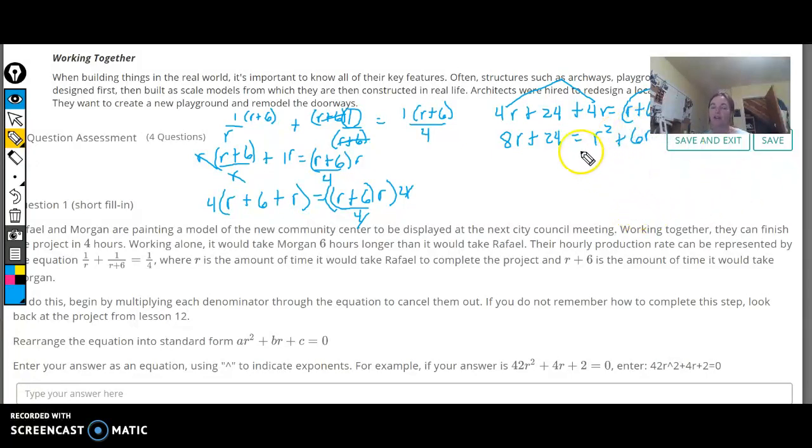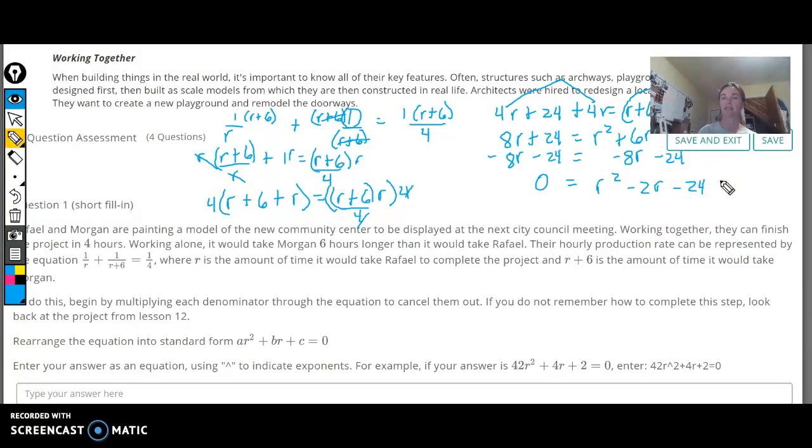I like my a value in my standard equation to remain positive, so I'm going to subtract 8r from both sides, and I'm going to subtract 24 from both sides. Okay, when I do that, I get 0 on the left equals r squared minus 2r minus 24.